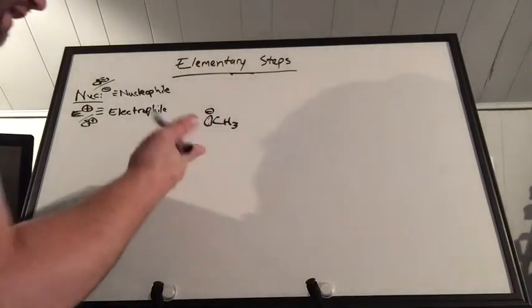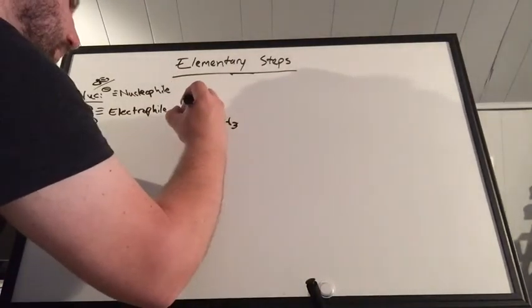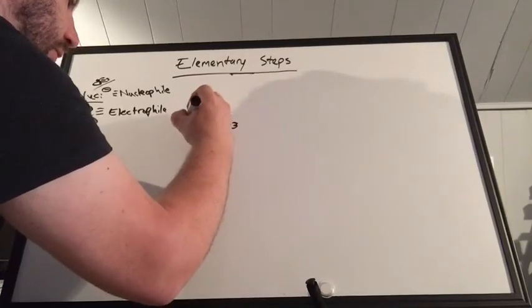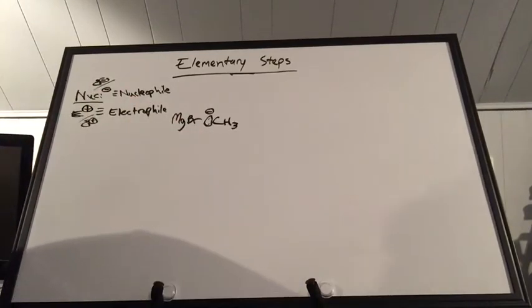Okay, you need to have some kind of stabilized charge with that. So in other words, let's say you have MgBr. Now magnesium, if you look in your periodic table, it's going to be right there in group 2A, so that means when it's charged, it's going to be 2 plus charge. Okay, so remember that bromine, since it's going to be in group 7A, it's going to be a -1 charge.